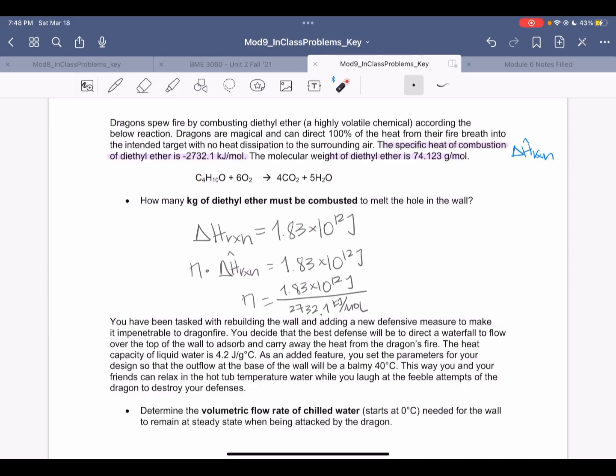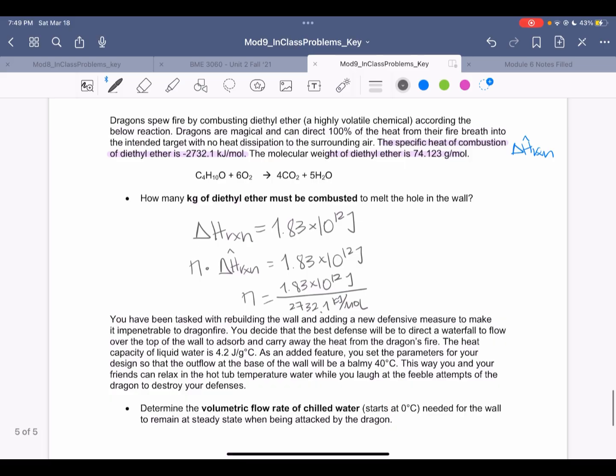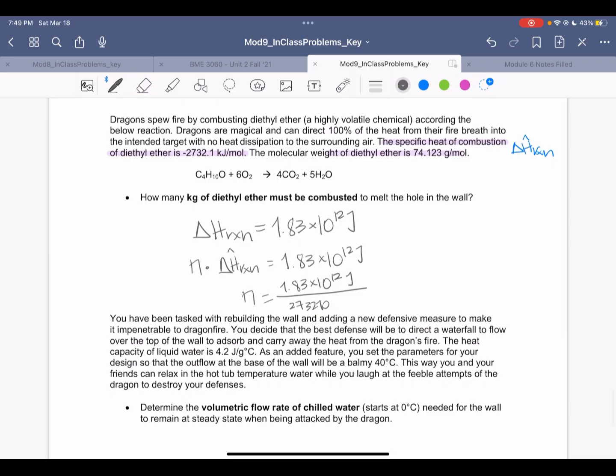Because that's going to be an exothermic reaction. But from our perspective, from the heat that is arriving in our system, that's going to be positive because it is heat that is being applied to our system. Okay, so if I do that, and then this said kilojoules, so I'm actually going to rewrite it in just joules.